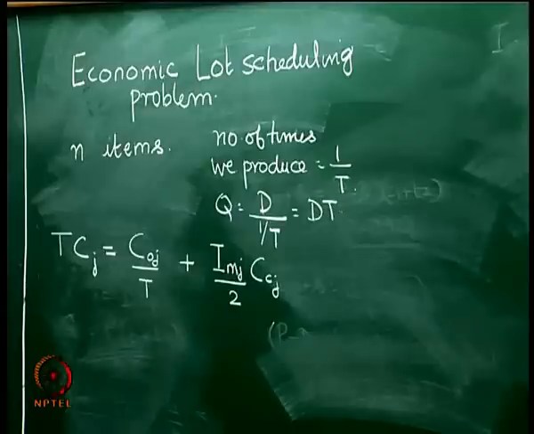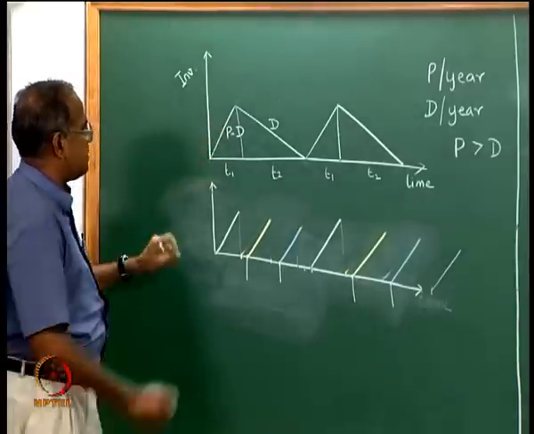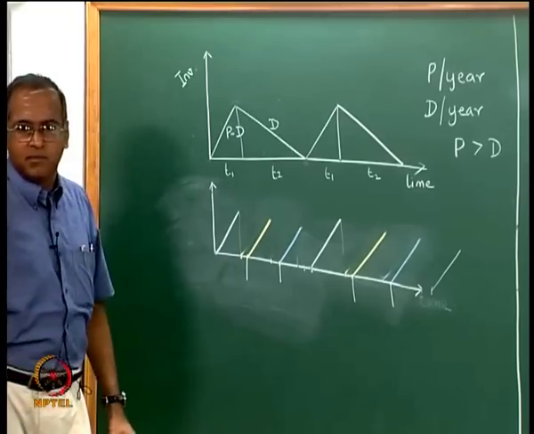We also know from this that Im is equal to P minus D times T1 for this item, and it is equal to D into T2 for this item.